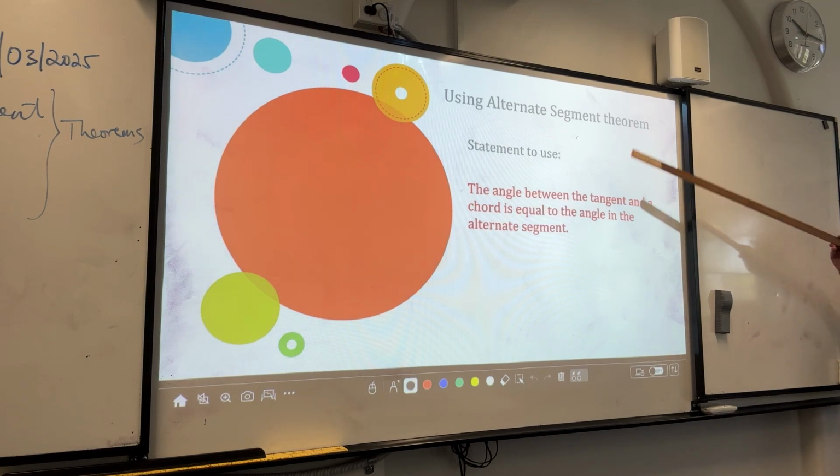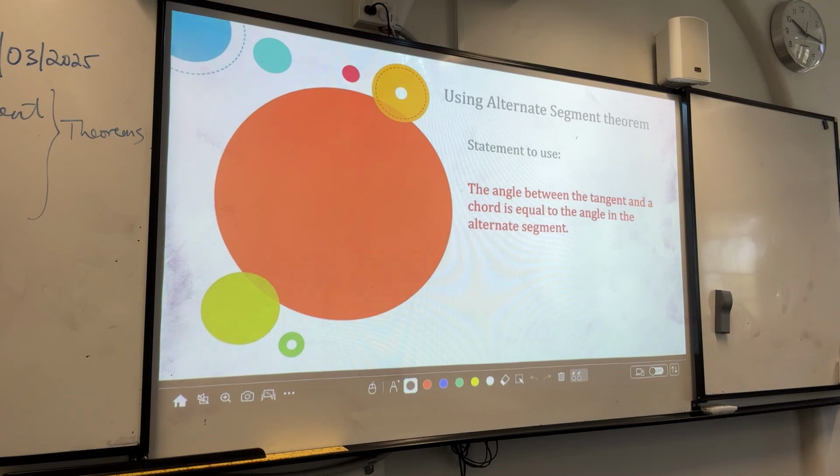You can use either. We'll accept that. The basic reason is that next year you don't really have to remember all these theorems; you just need to be able to apply them. So I'll be happy to accept the alternate segment theorem for the proof.